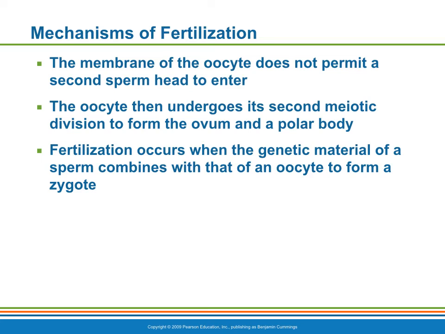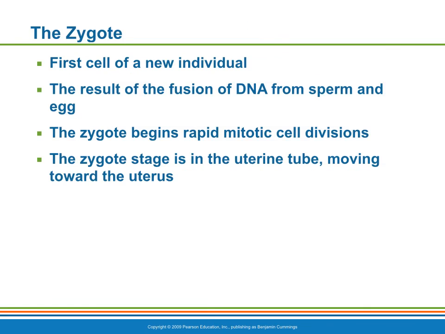The oocyte then undergoes a second meiotic division to form the ovum and a polar body. Fertilization occurs when the genetic material of the sperm combines with that of the oocyte to form a zygote. The zygote is then called the first new cell of the new individual.